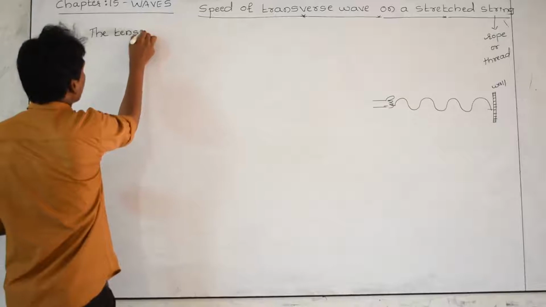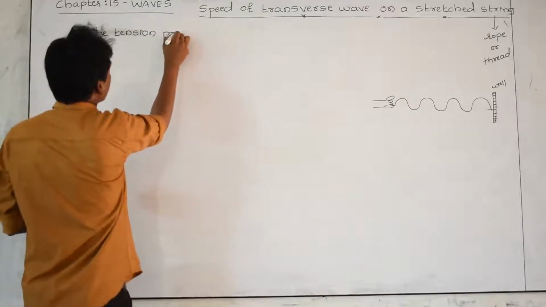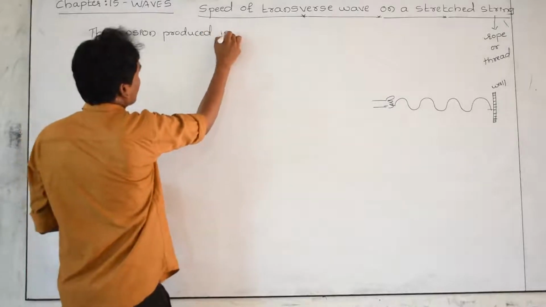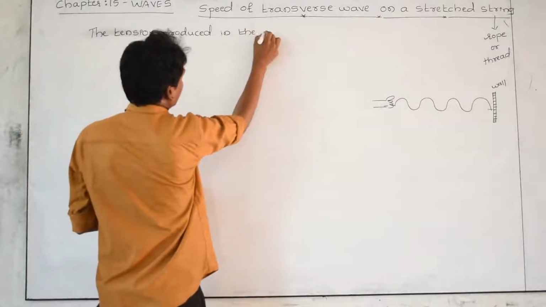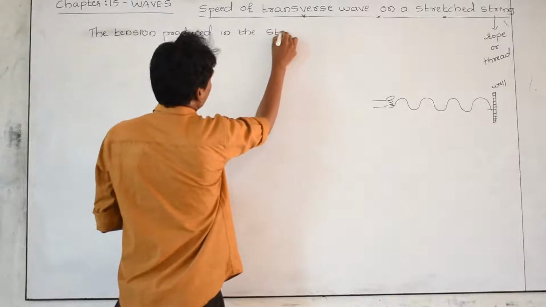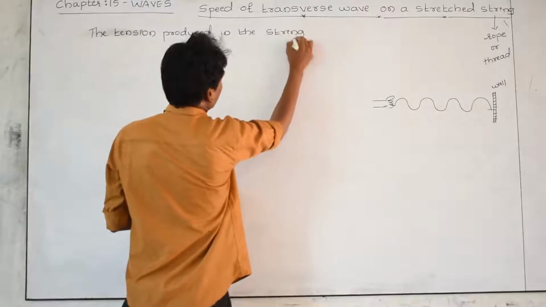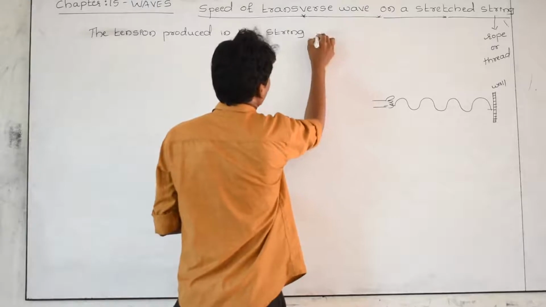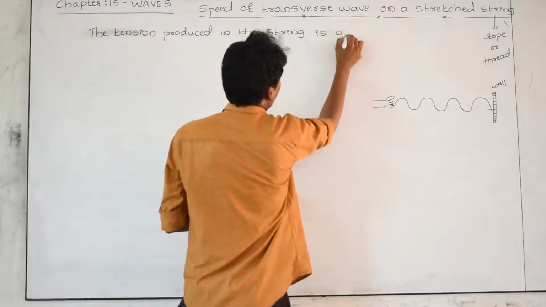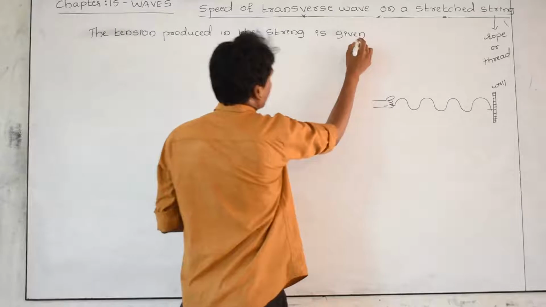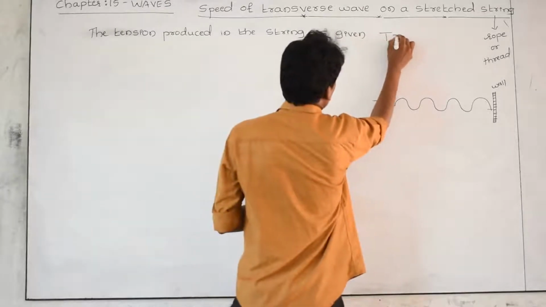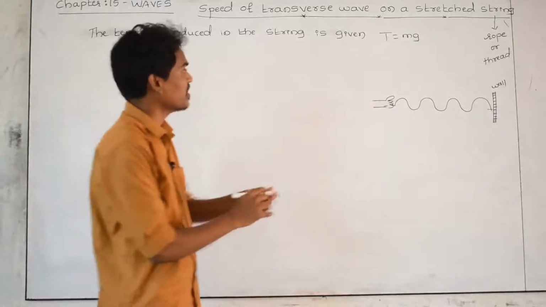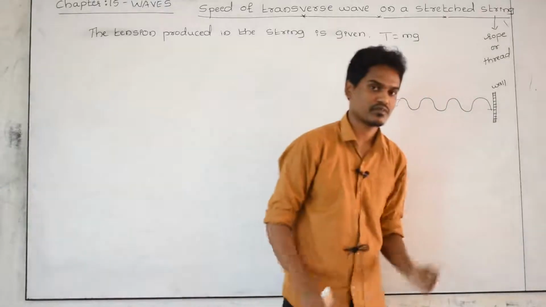If you stretch the wire, the tension produced in the wire or string is given by the formula T is equal to mass into g. What is T? Tension produced in the wire.